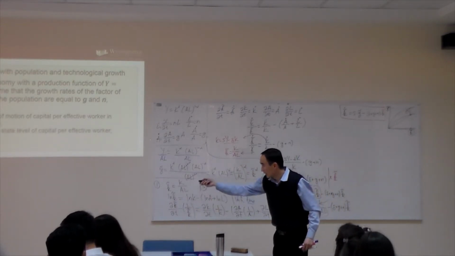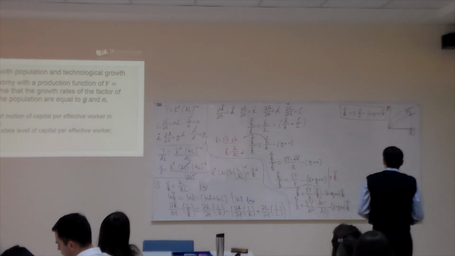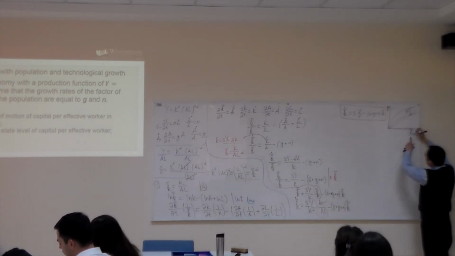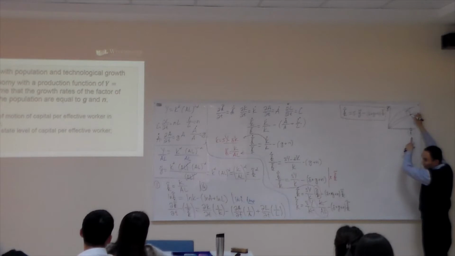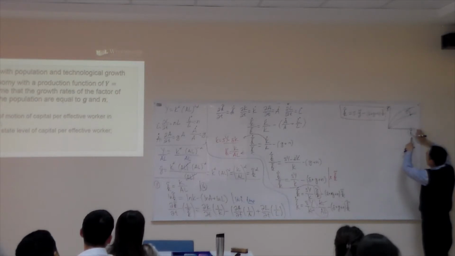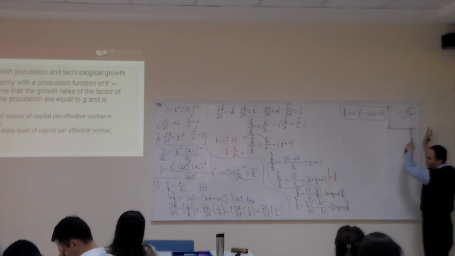So now we have to find the steady state level of capital per effective worker. Once the economy reaches the steady state level, after this point, where investment and depreciation are equal, capital is not going to change anymore. Capital per effective labor is not going to change. It's going to remain the same.